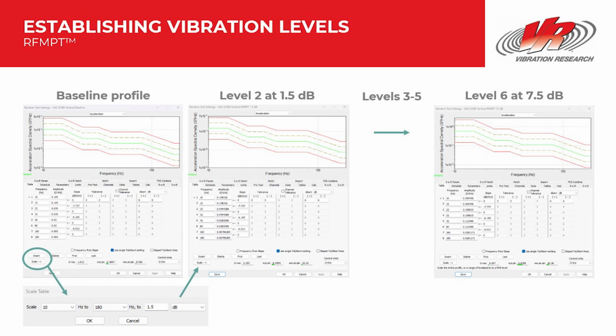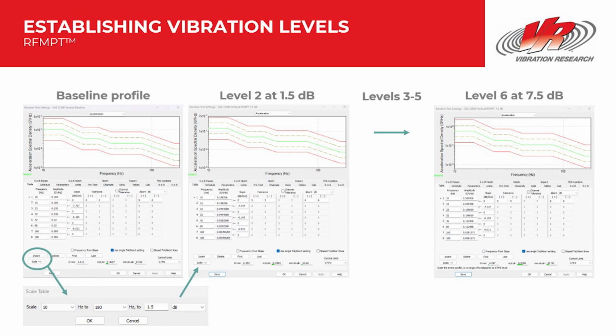The process of increasing the amplitude by 1.5 dB and shortening the test time to maintain one product life fatigue equivalent continues until enough unrepairable failures are achieved to apply a statistical analysis for reliability growth tracking. In this example, the process was continued for 6 vibration levels out to 7.5 dB.